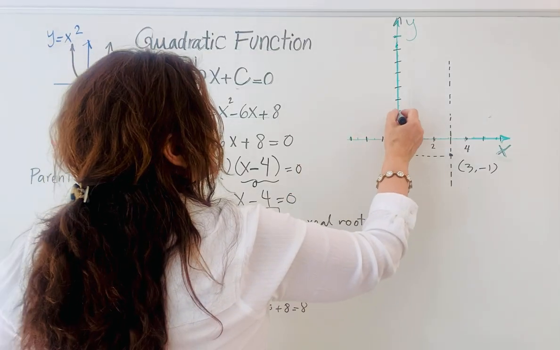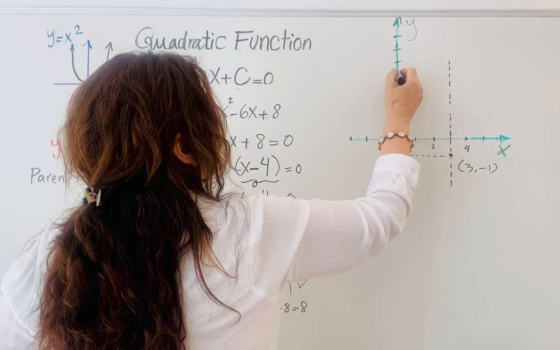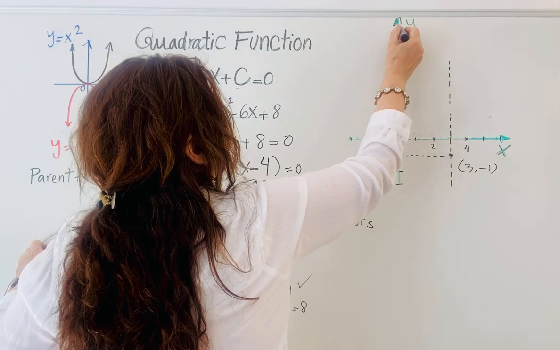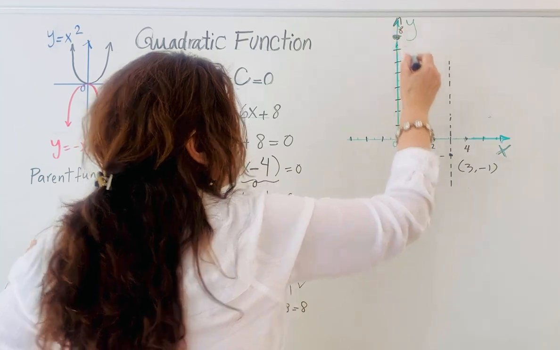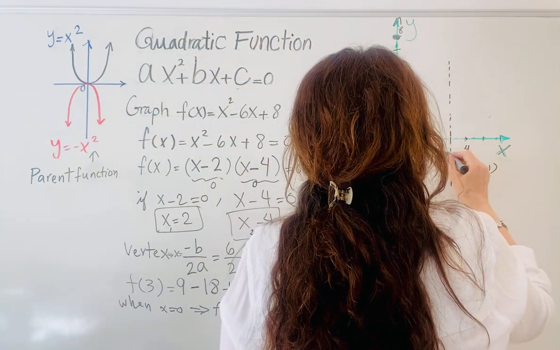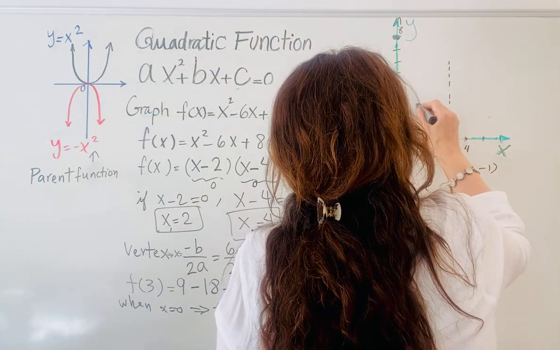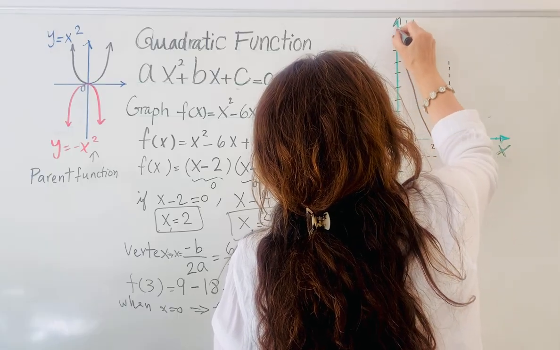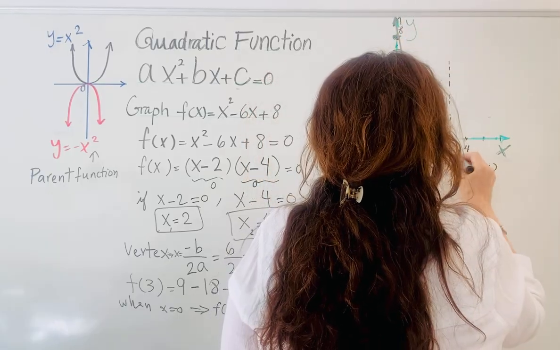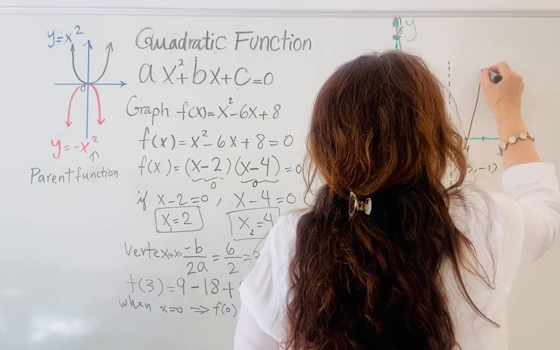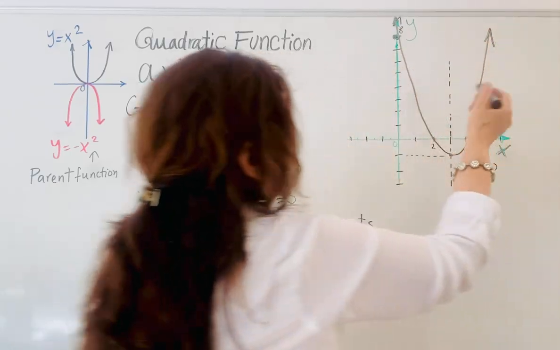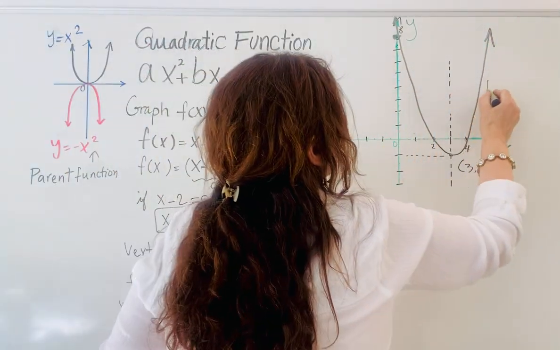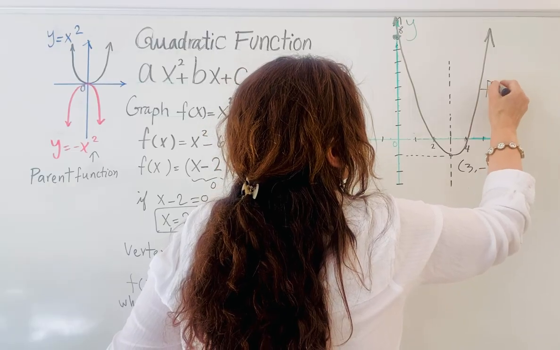At this point, 1, 2, 3, 4, 5, 6, 7, 8. This is 8. At this point, the parabola must cross. Roughly, this means here that this is f of x, or y.